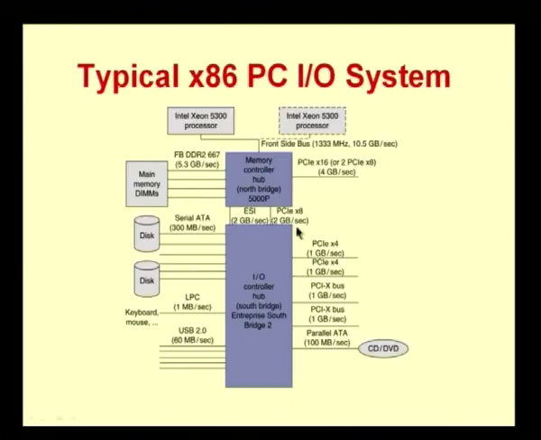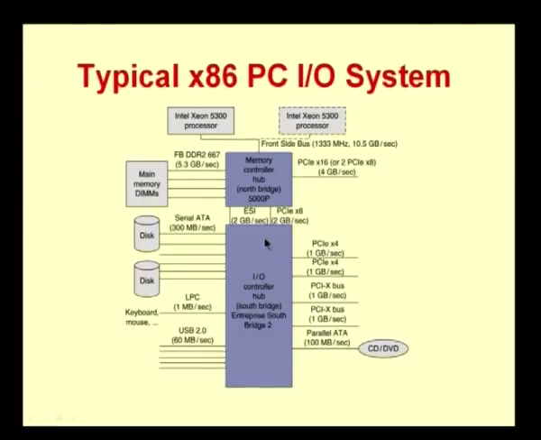Then you will have your PCI bus, this is your IO bus, to which the IO controller hub will be connected, to which you have the PCI-X bus and other things connected, to which you have the different devices, disks, keyboards, mouse, USB ports, all these things would be connected. This is called the south bridge. So, north bridge and south bridge are two terms used to identify the memory controller hub and the IO controller hub. This is typically how things will look inside your PC.